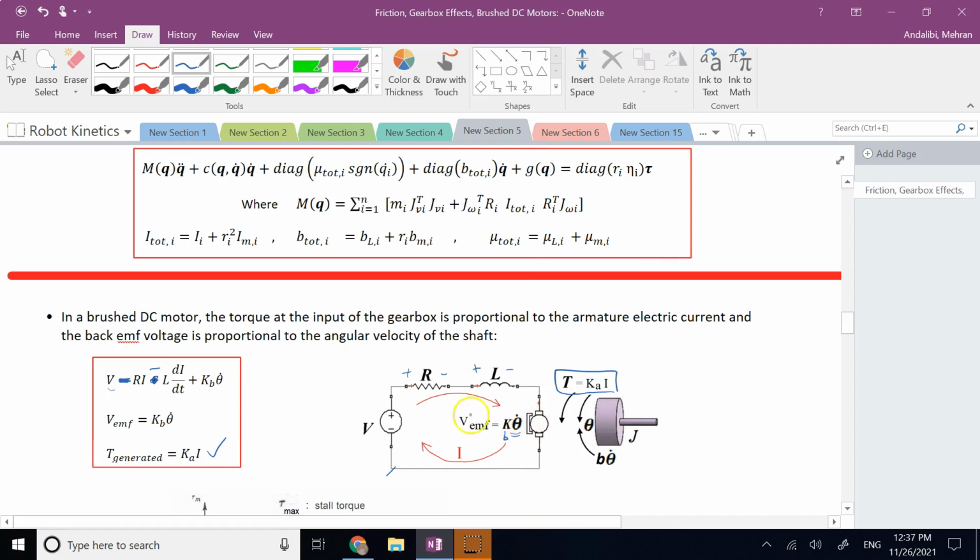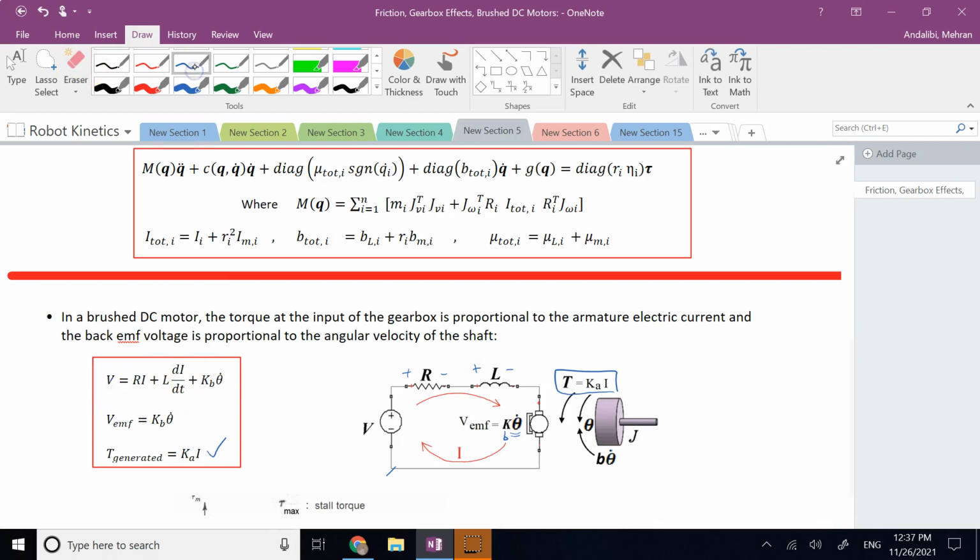Kb times theta dot is the back EMF voltage, the voltage that opposes your source voltage. So V minus Ri minus L dI/dt minus Kb theta dot is equal to 0. This is Kirchhoff's voltage law in its original format, and if you take all three negative terms to the right-hand side, you get the equation that I wrote for you here.